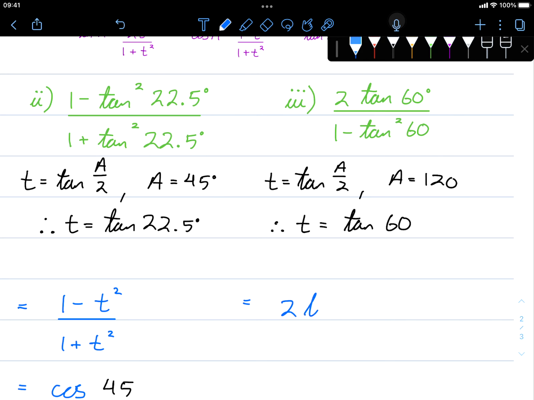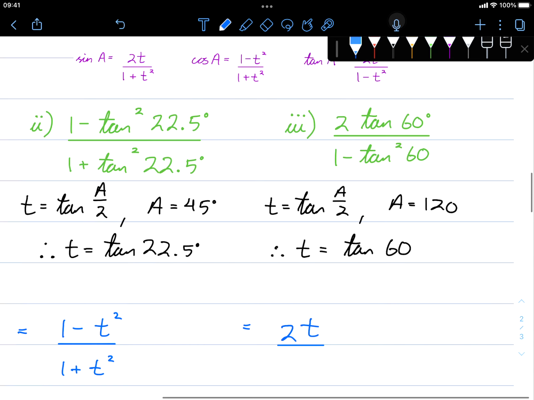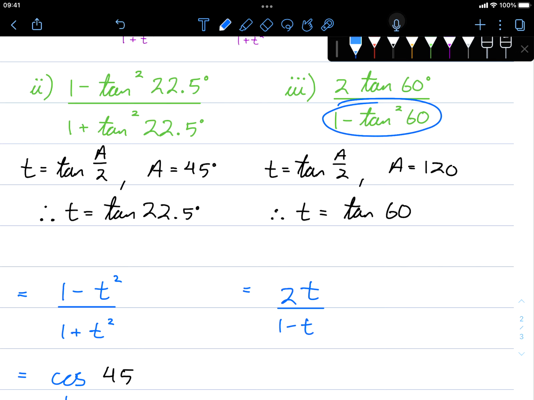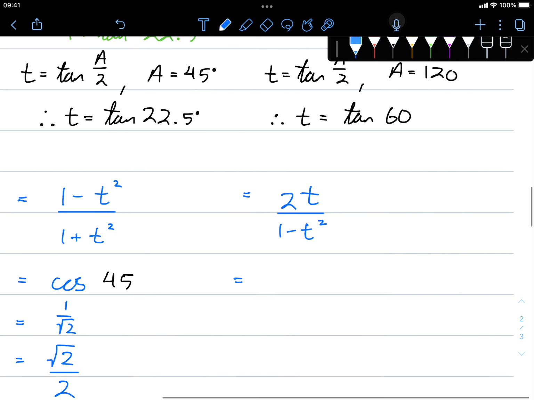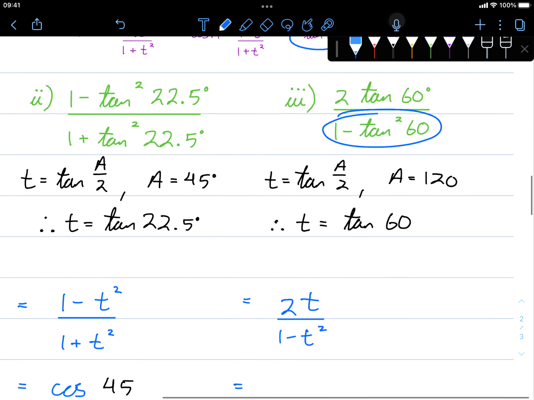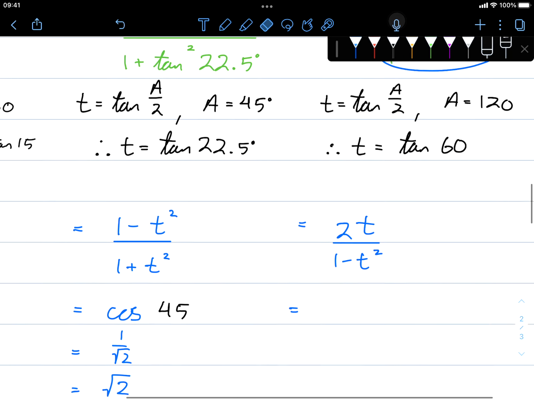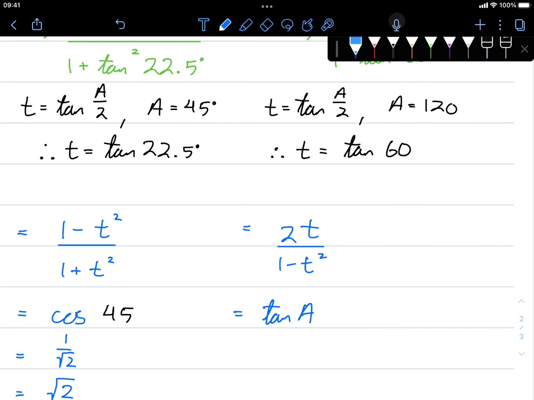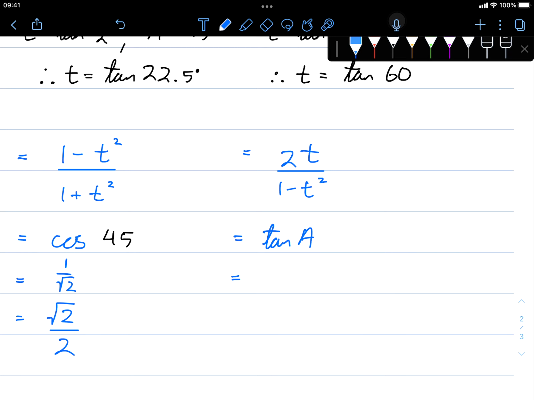From here we can get 2t over 1 minus t squared, and that's clearly going to be tan a. But we said that a is 120. That's going to be tan 120.